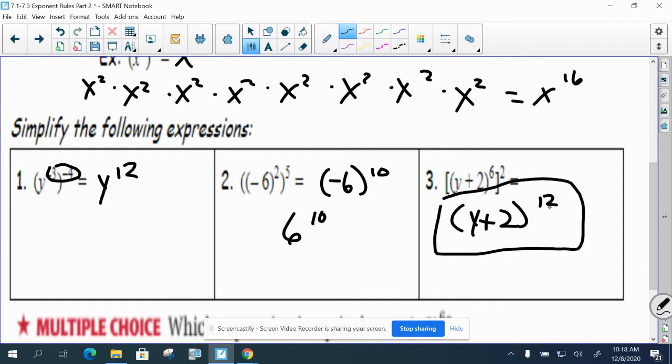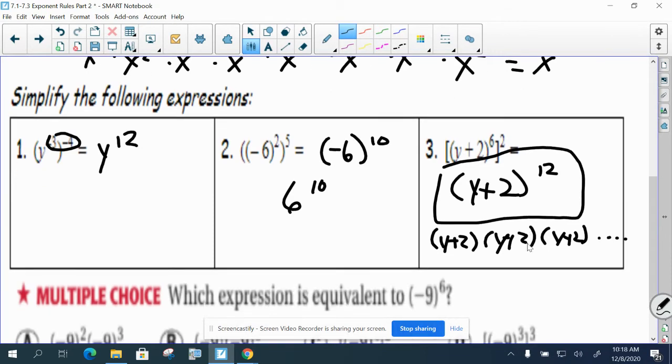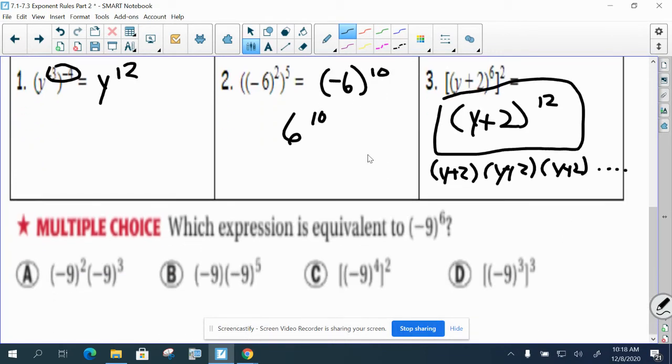Because actually, the quantity y plus 2 to the 12th means y plus 2 times y plus 2 times y plus 2, 12 times, and then we're going to learn in another unit how we would multiply that out. Well, not a complicated example like this, but don't worry about that for now.